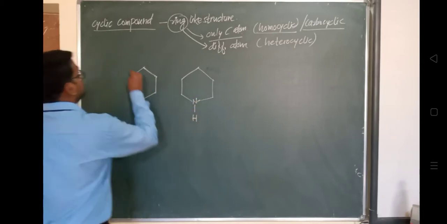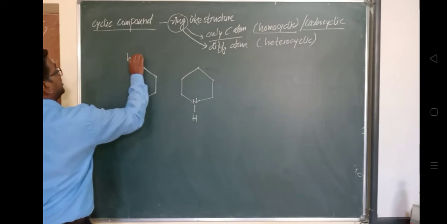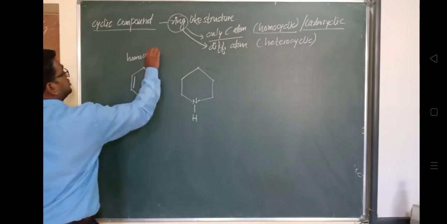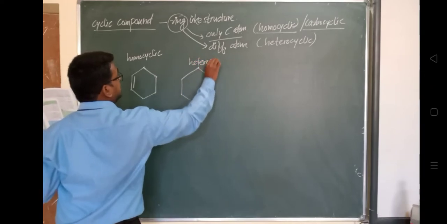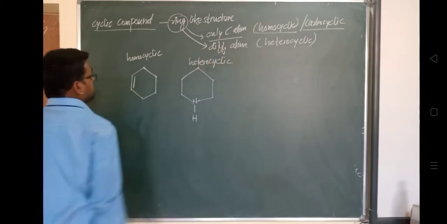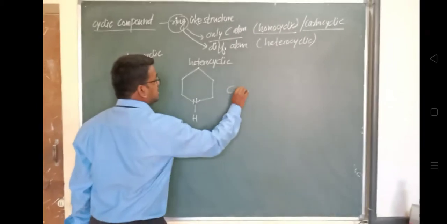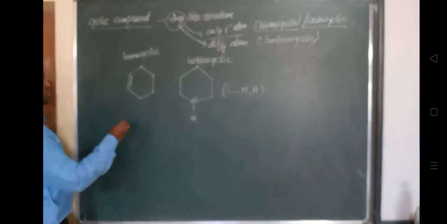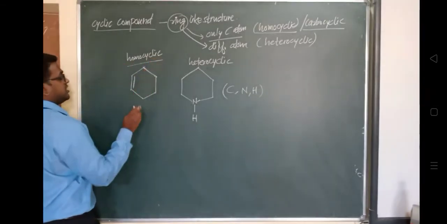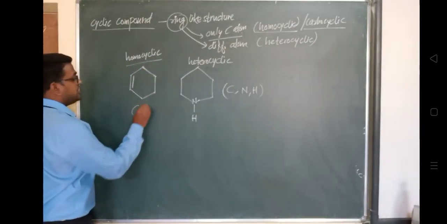So this is homocyclic, I'm going to write it down here. This is homocyclic, but here it is a heterocyclic. Why is it a heterocyclic? Because here you can see carbon, nitrogen, and hydrogen are all taking part in this structure. But in this homocyclic, only carbon atoms are present.